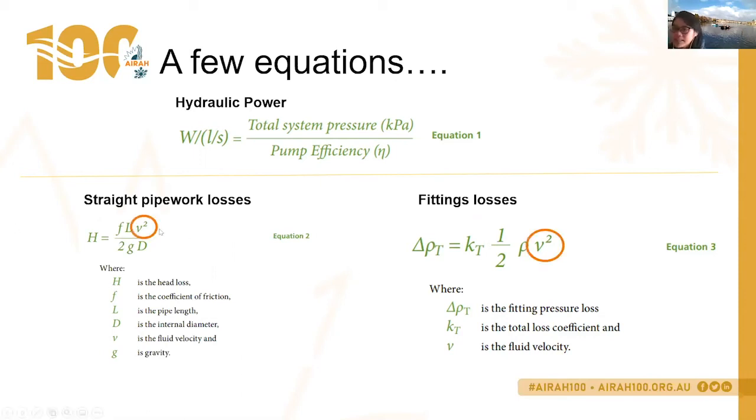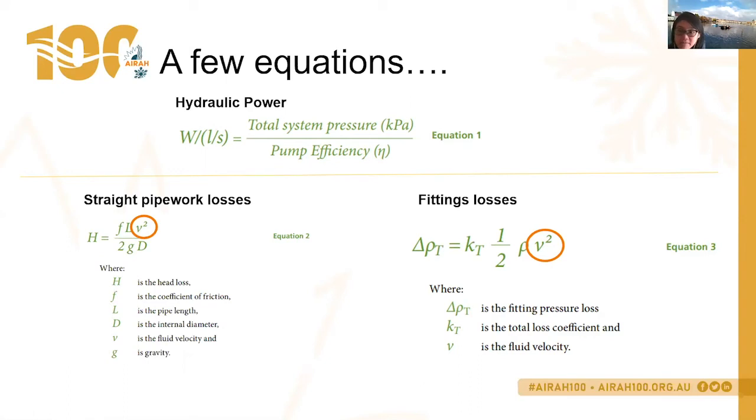So what it's saying is, okay, well, we know that with straight pipe work, the head loss is proportional to the square of the fluid velocity. And similarly, my fitting pressure loss is also proportional to my fluid velocity.